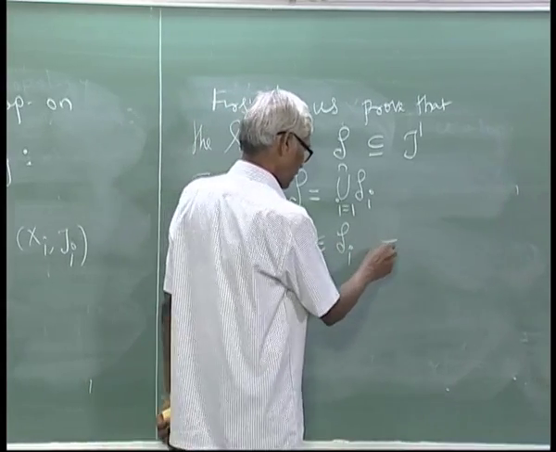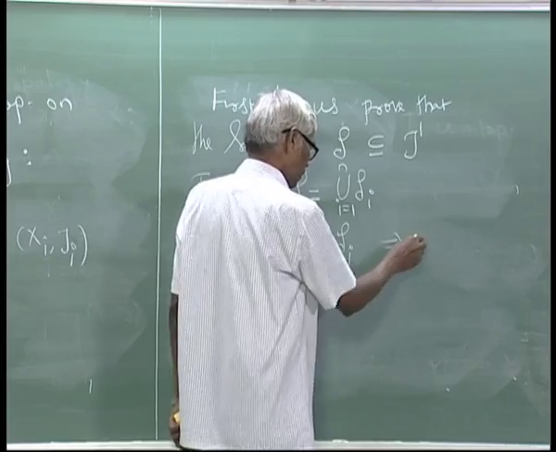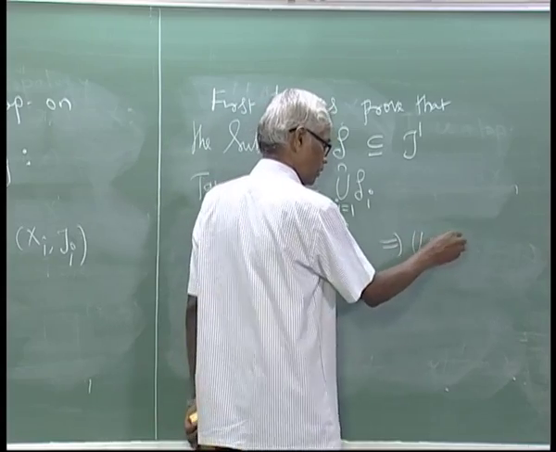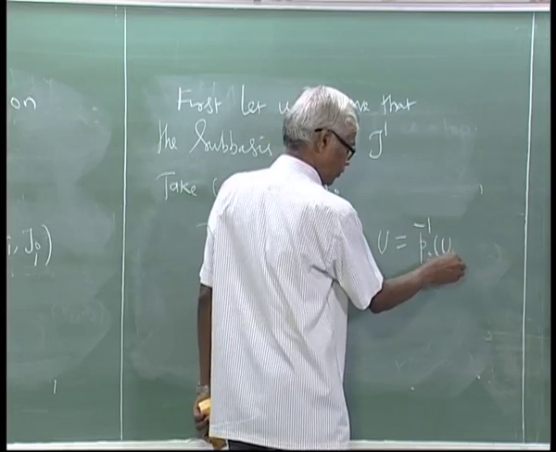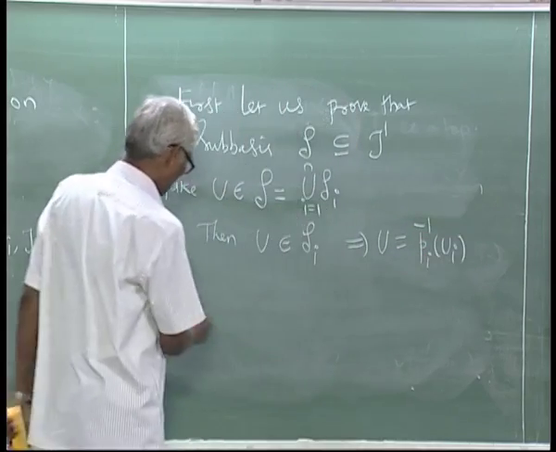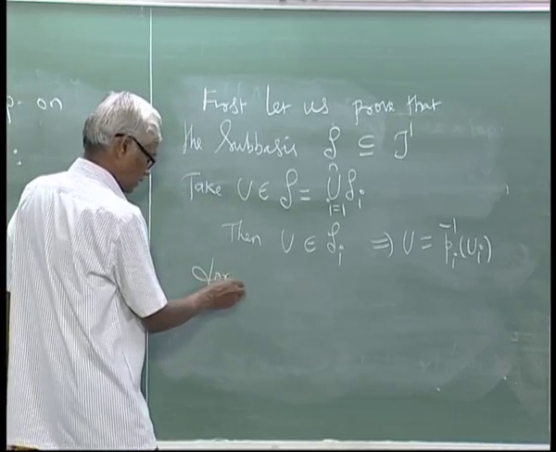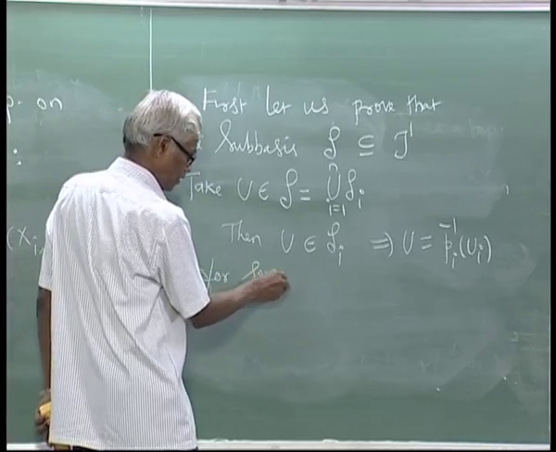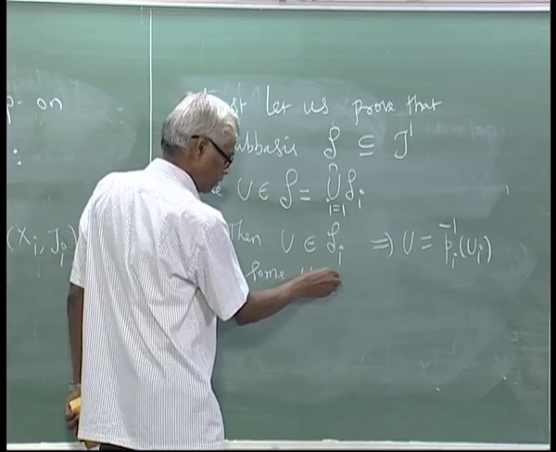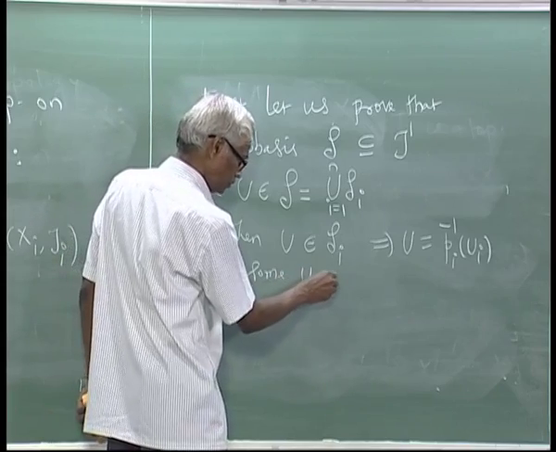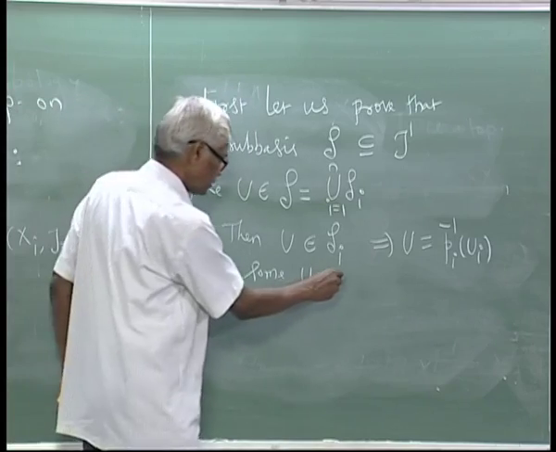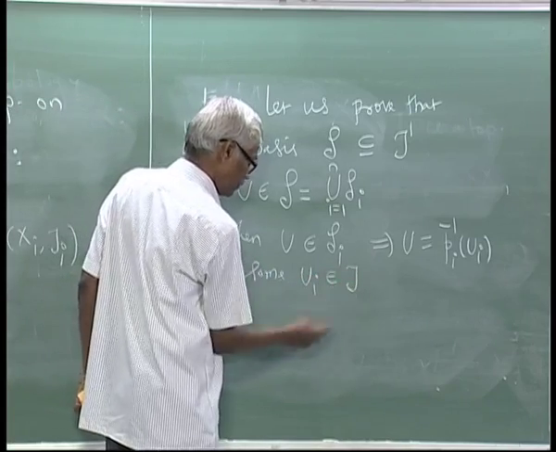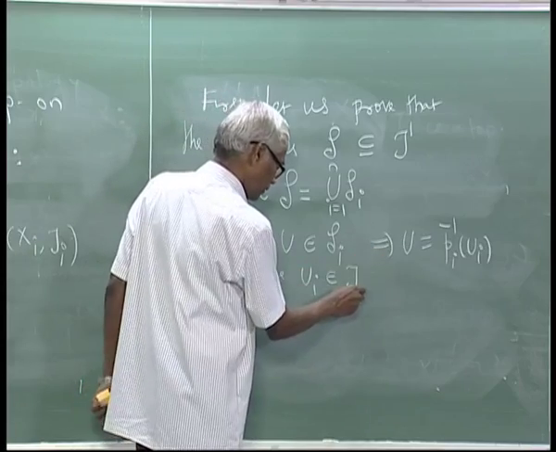This will imply U equals P_i inverse of U_i for some U_i belongs to tau i.